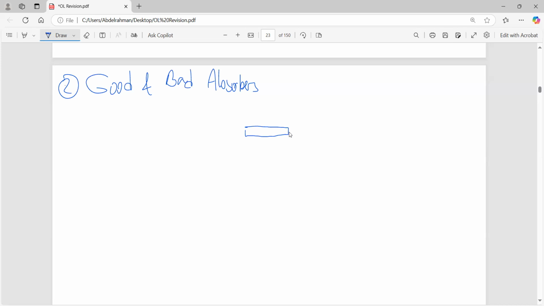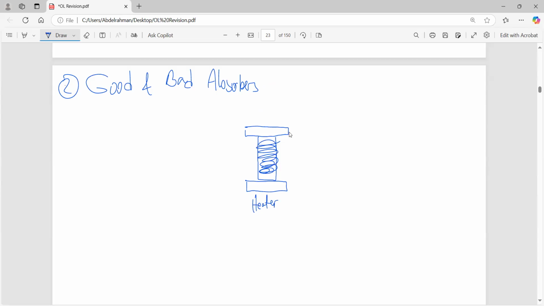For example, this is a heater or whatever. I don't care about how it looks, but this is a heater, with a coil around it producing this heat. Nice, this is the heater.